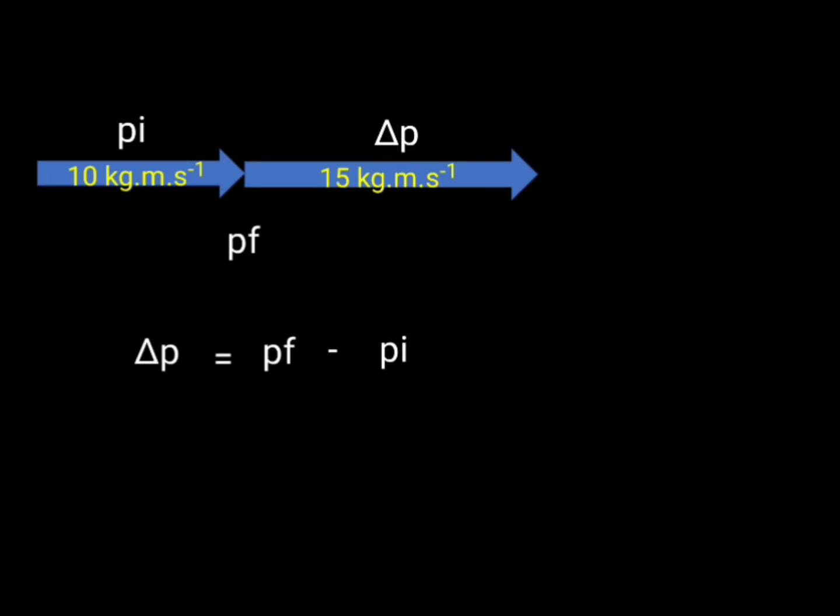If we go back to this equation that says delta P equals final momentum minus initial momentum, we can easily arrange and say final momentum is the impulse plus initial momentum. We can simply swap the left-hand side and the right-hand side like that. So final momentum equals delta P plus initial momentum.